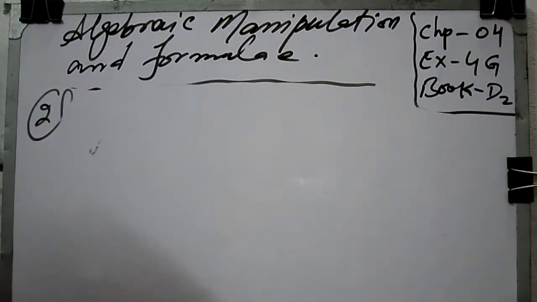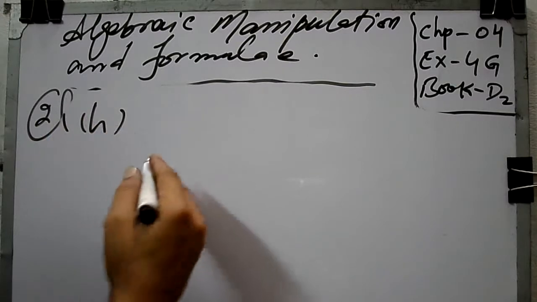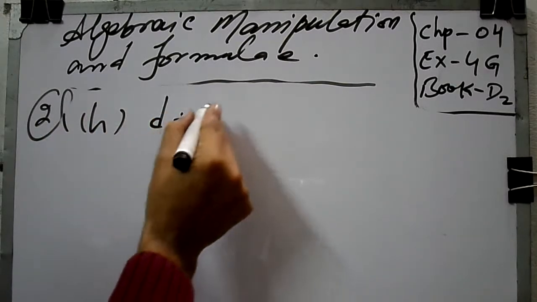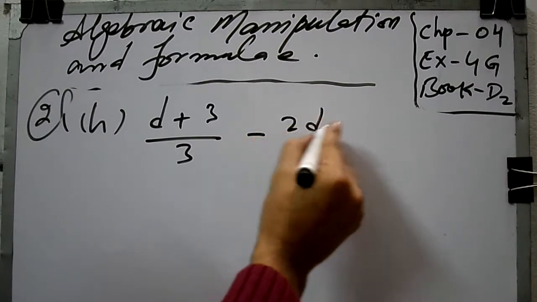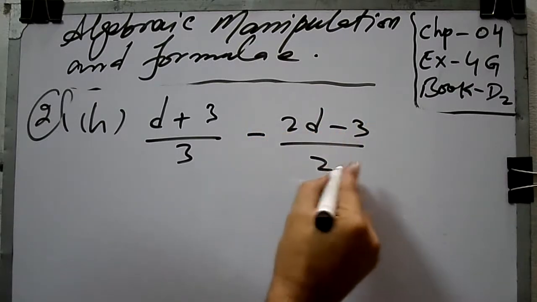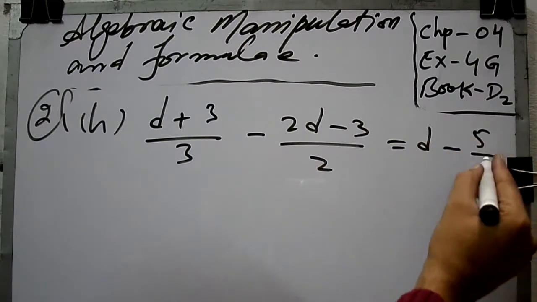Now coming to the H part, that is (D plus 3) by 3, plus (2D minus 3) divided by 2 is equal to (D minus 5) by 6.